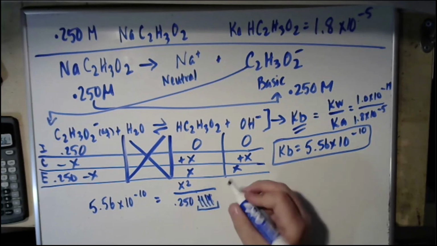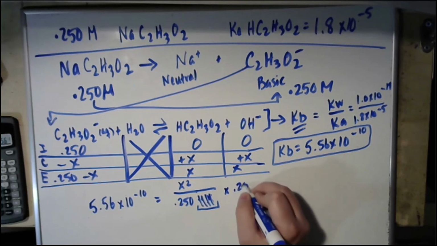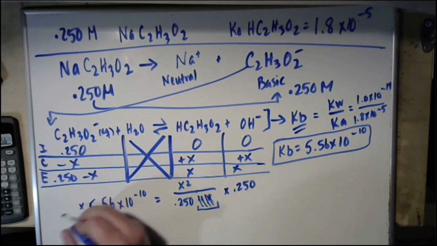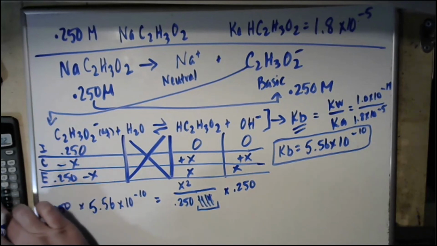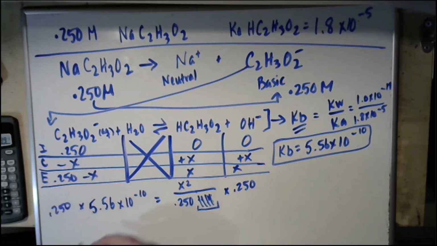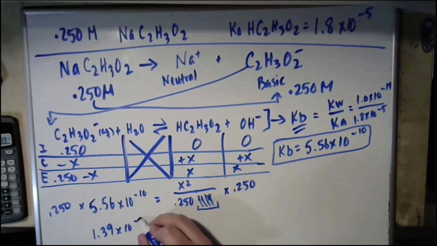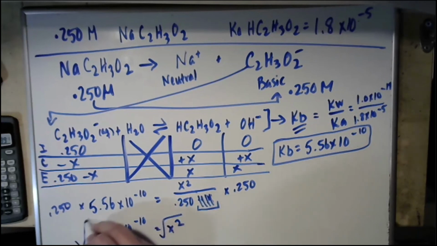Now we're going to solve for x. I'm going to multiply both sides by 0.250, and I get 1.39 times 10 to the negative 10 equals x squared.